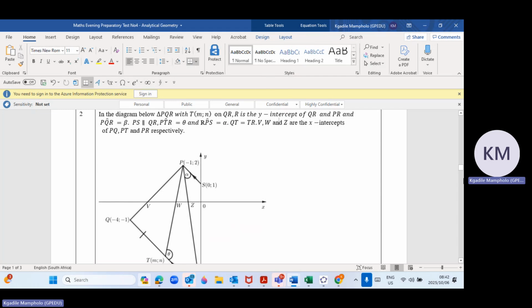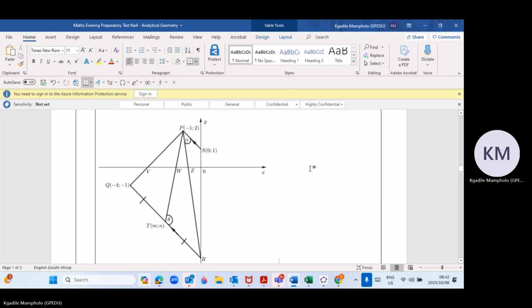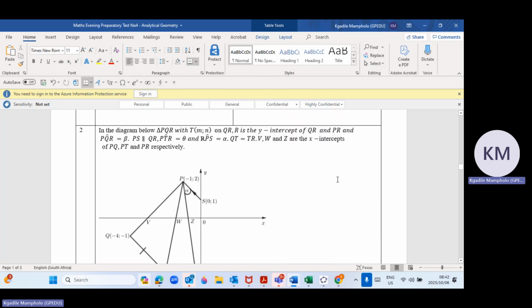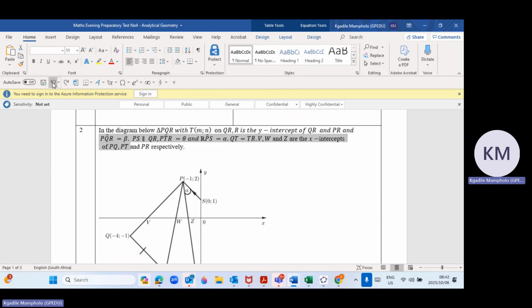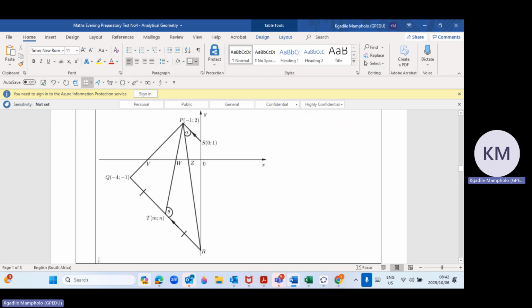And PQR is beta, or PQR. We no longer have PQR as beta. Now, let's cancel this. There's no beta here.